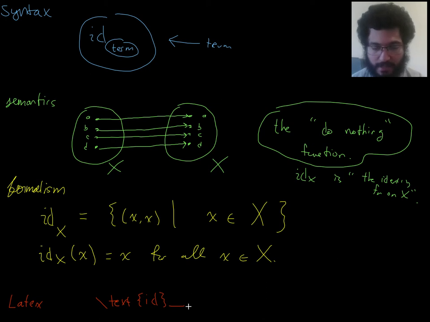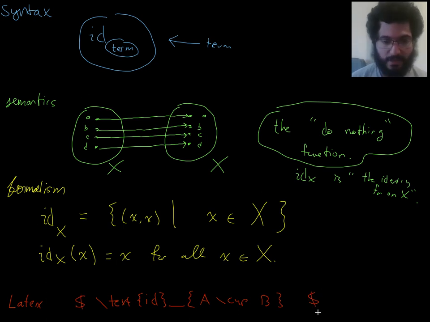But if it's something longer, like A union B, then you need to group it in curly braces. So A union B would be A cup B, like this. And this is all assuming you're in math mode, so this is the stuff that goes between the dollar signs. A common LaTeX mistake is to forget these curly braces, and then you'll get id subscript A, and then the union B will be big rather than being a subscript. So use the curly braces to group things.